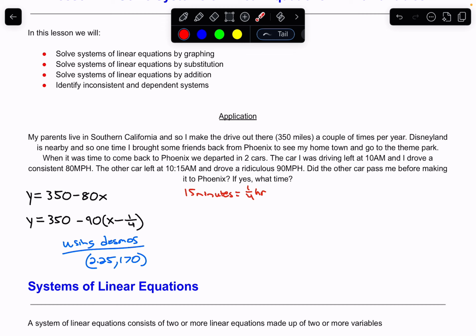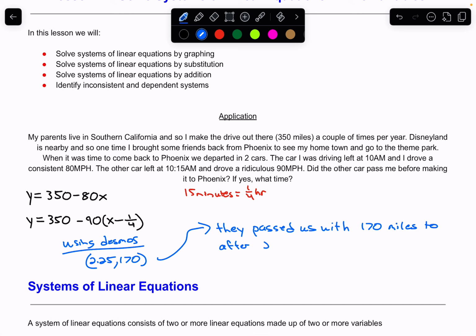Then the actual question here is what time? So this 2.25 for x right here represents how many hours it's been. Okay, so if we take our answer here and we break it down, this says that they passed us with 170 miles to go after 2.25 hours of driving.